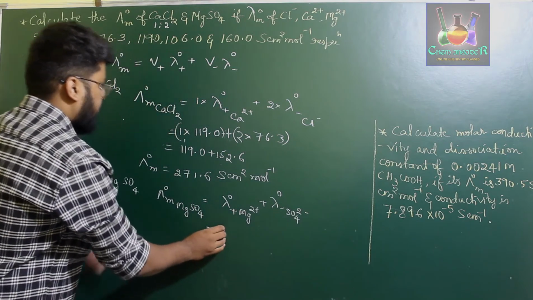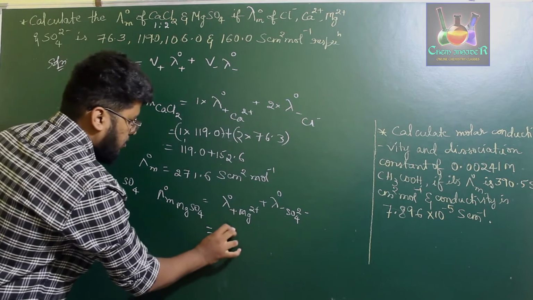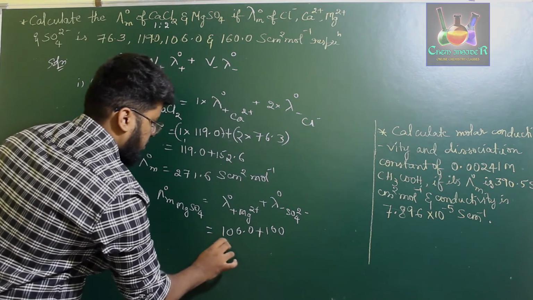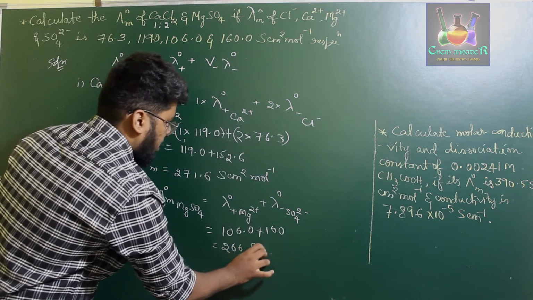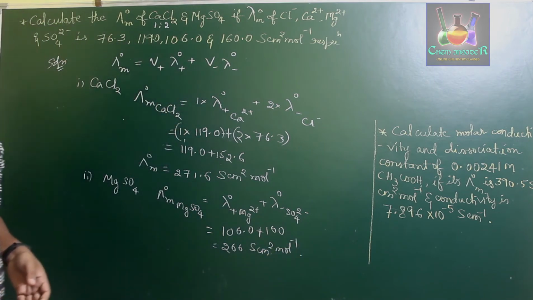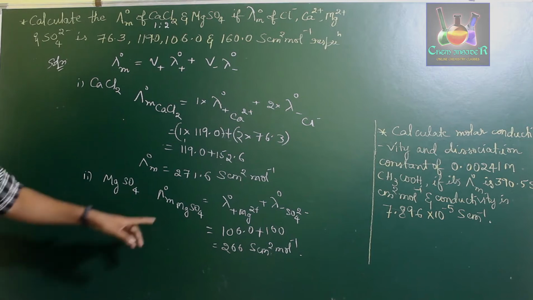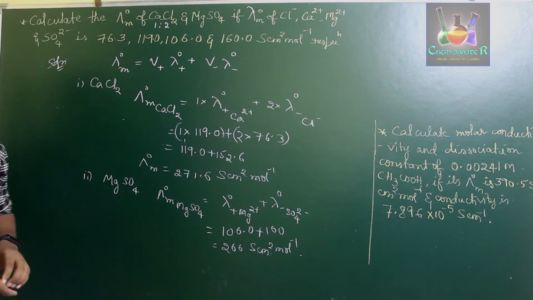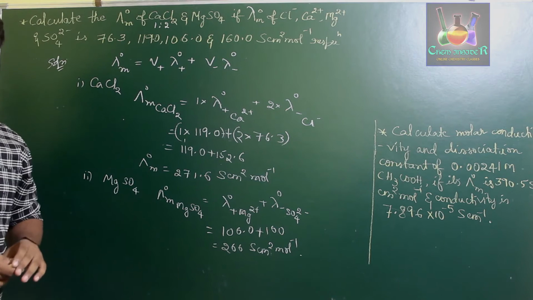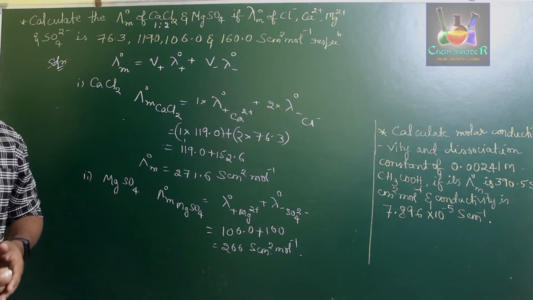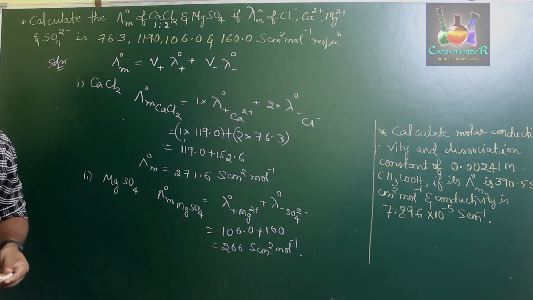That is 106.0 plus 160, which is equal to 266 Siemens centimeter square per mole. So this is the limiting molar conductivity of MgSO4 electrolyte, and this is the limiting molar conductivity of CaCl2 electrolyte. This is how you calculate the limiting molar conductivity of electrolytes if you know the limiting molar conductivity of each of the cations and anions forming that electrolyte.